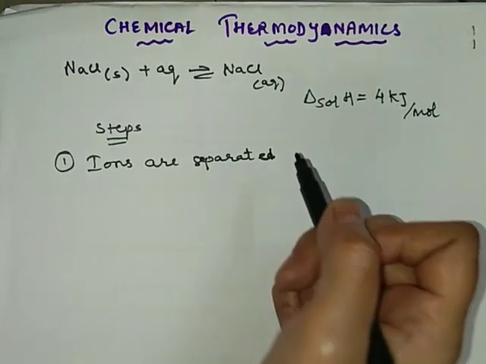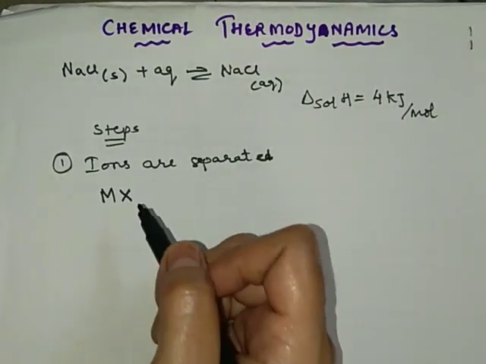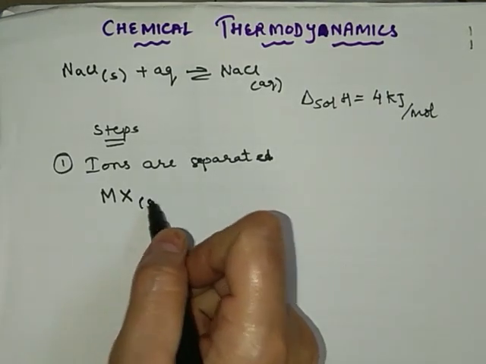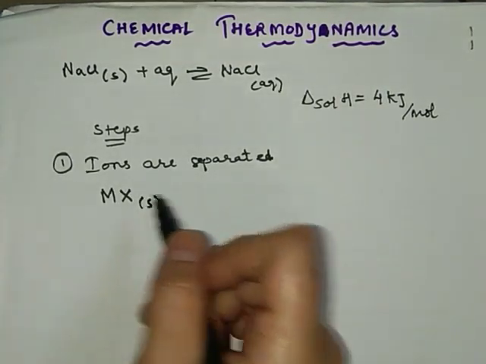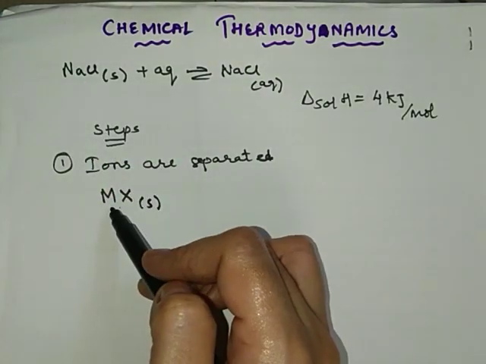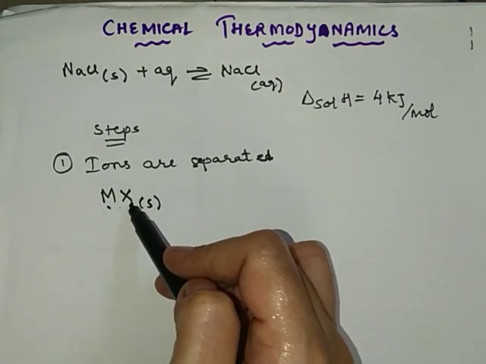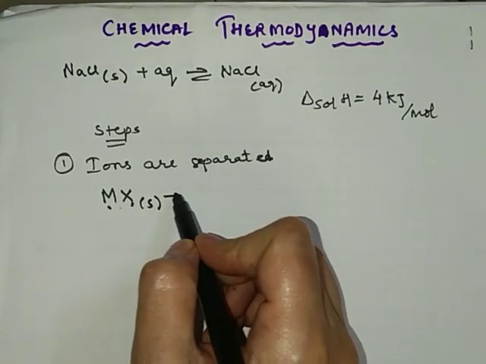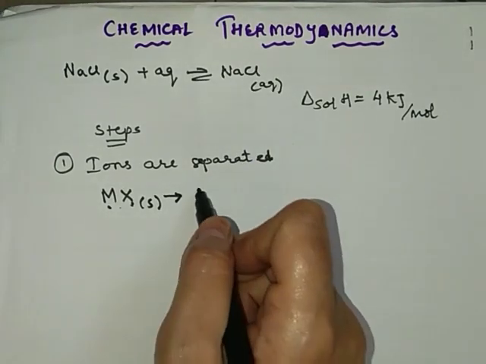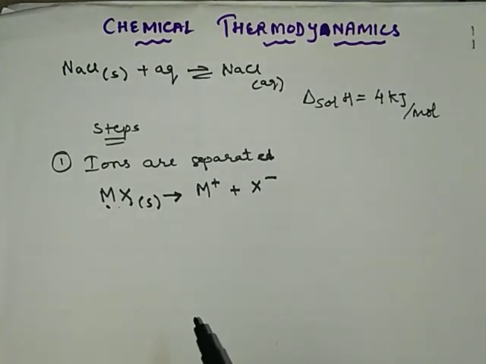from the molecule. So suppose I represent the general formula of any ionic compound in this way. I am having any salt. Suppose instead of NaCl, what will the general formula be? MX. We know M represents the metal and X represents the non-metal, and when it is separated into its ions, we will represent this separation in this way.